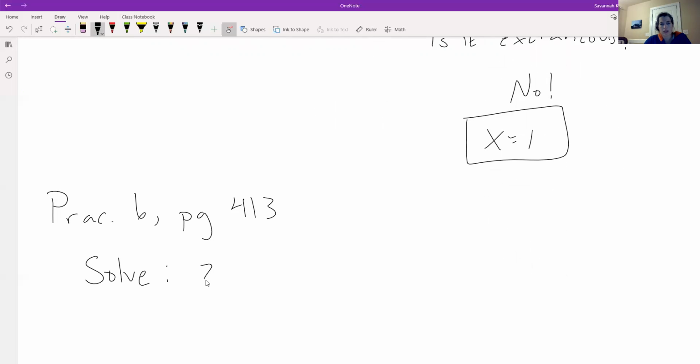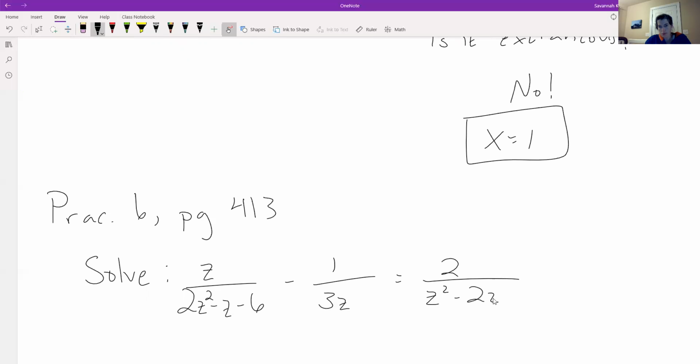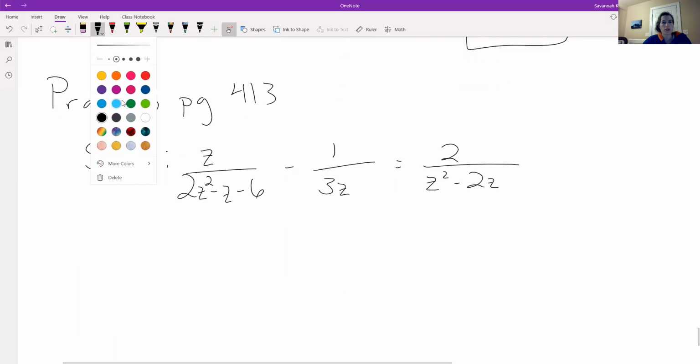I really don't like writing z's because they keep coming out looking like 2's. Okay, here's what we've got now. We've got some work to do.